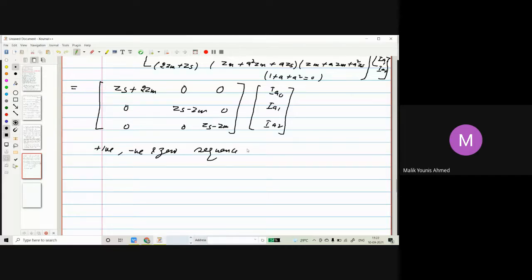Positive, negative, and zero sequence impedances are how we can write them. So zero sequence impedance will be ZS plus 2ZM. See, zero sequence is corresponding to this. Then positive sequence will be ZS minus ZM. And negative sequence will also be ZS minus ZM.